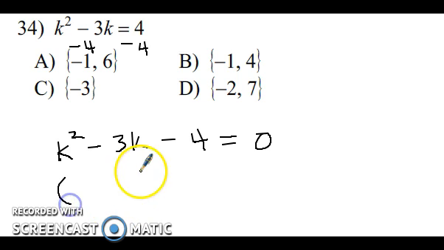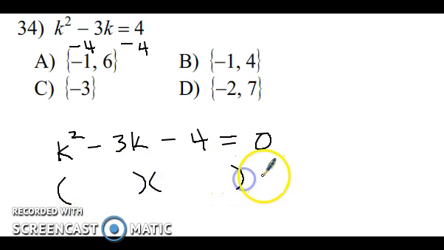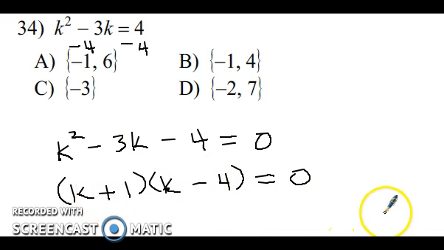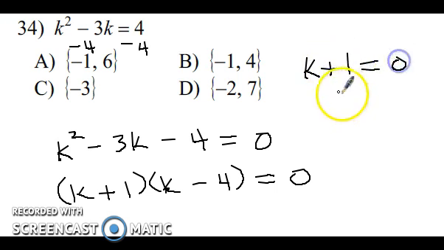There are two numbers that multiply to make 4, and the difference between them is 3. 4 times 1 is 4, and a minus 4 plus 1 gives us a minus 3. So we have to figure out the values of k by setting our factors equal to 0 and solving. So k plus 1 equals 0.